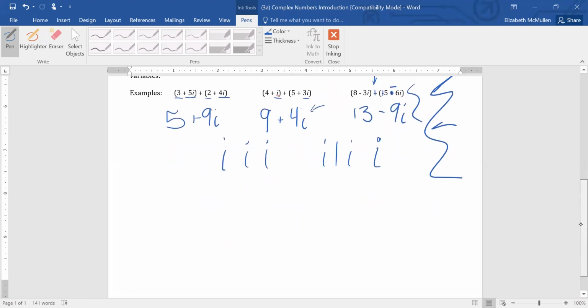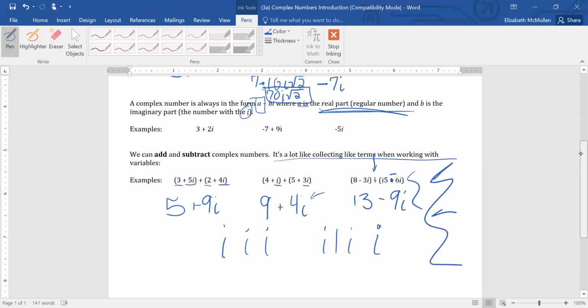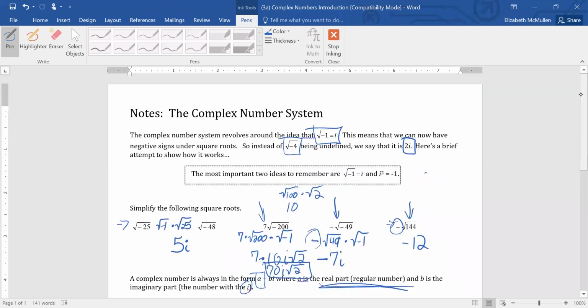One last thing I want to talk about, and it's not particularly on this page. I told you that the i's do have sort of a superpower, and it's mentioned up here: i squared is -1. This makes sense, because if i is equal to the square root of -1, then the square root of -1 times the square root of -1 would just give us -1.